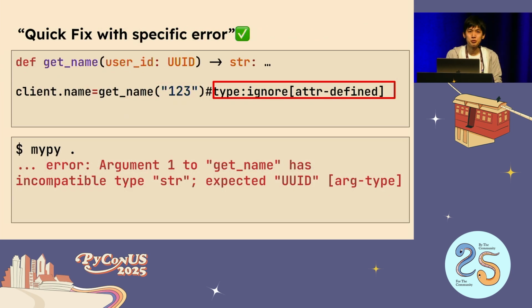We should not use type: ignore easily. We have specific error rules like this. mypy said the attr-defined error. Then we should put type: ignore[attr-defined].